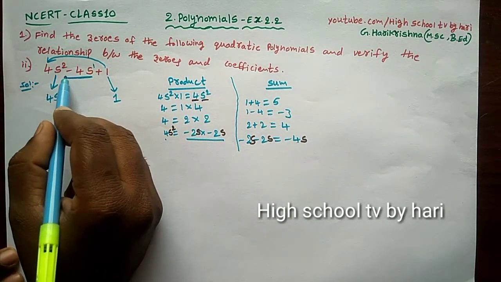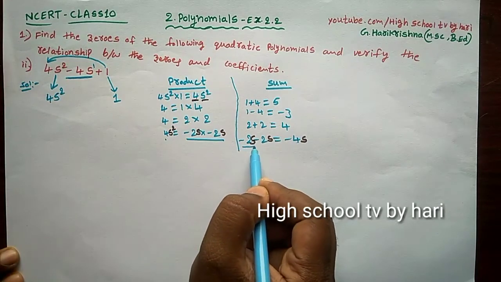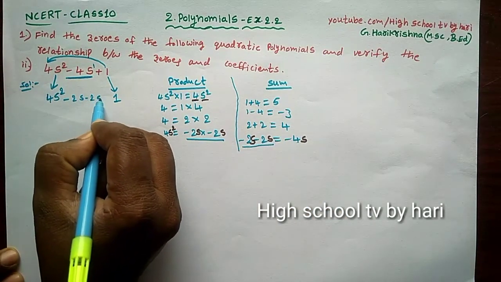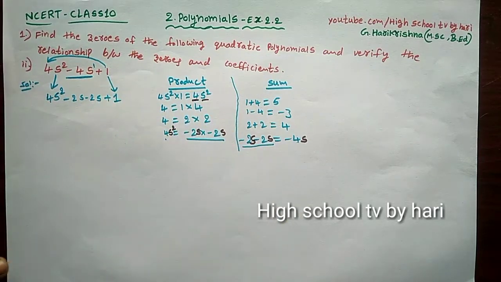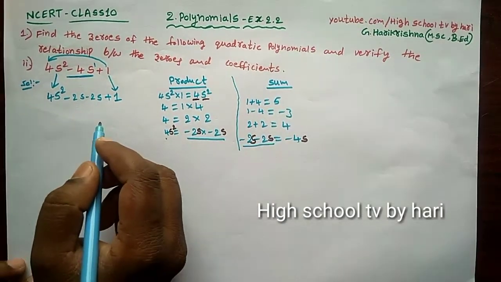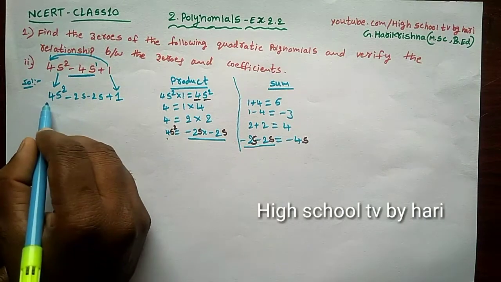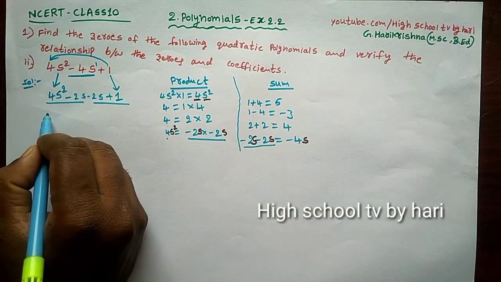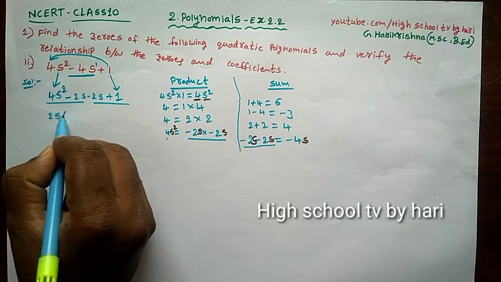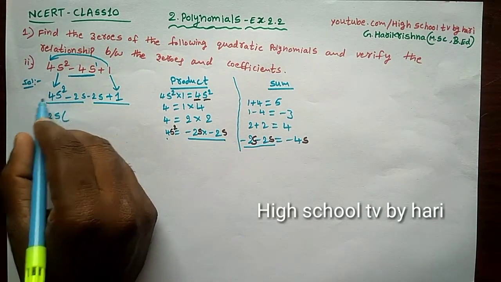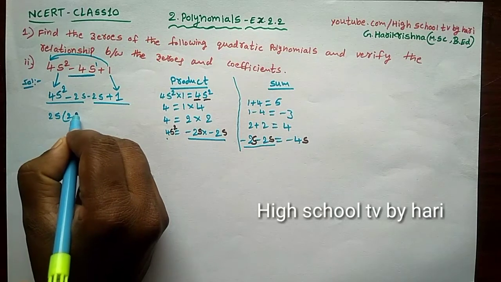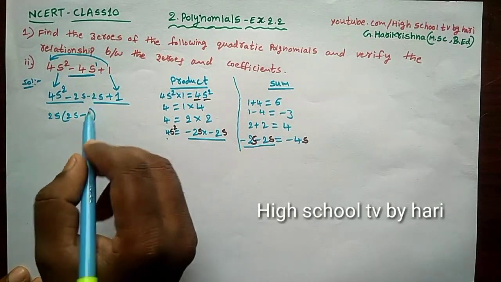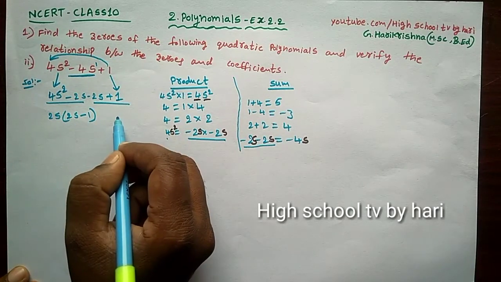Now minus 4s can be written as minus 2s minus 2s, plus 1 as it is. Now from these two terms, what is common? First, 2s is common from these two terms. From 2s, taking out 2s leaves 2s minus 1. Here also we should get 2s minus 1.